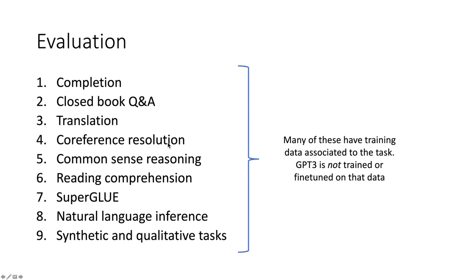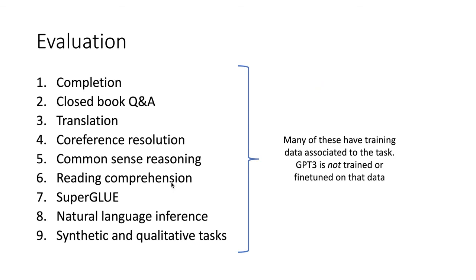co-reference resolution, I think that's when you're matching a pronoun to a noun. There are common sense reasoning tasks like physical reasoning. There's reading comprehension tasks where you read a passage and then you're asked a question about it. And then there's SuperGLUE, which itself is a bunch of tasks. It's become a benchmark in itself.